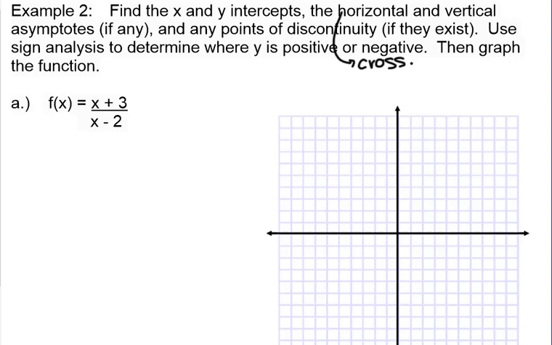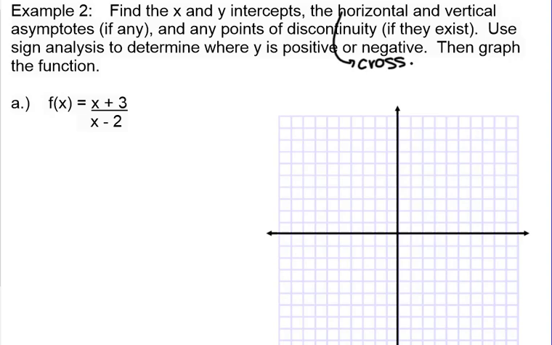So we might cross at things like 1, 2, 3, up to 10. We might even cross at 14, but as we go out to 7,388,484, we might not be able to cross our horizontal asymptote at that point. We also are going to check for points of discontinuity if they exist, and use a sign analysis to determine whether y is positive or negative, and then graph our function.